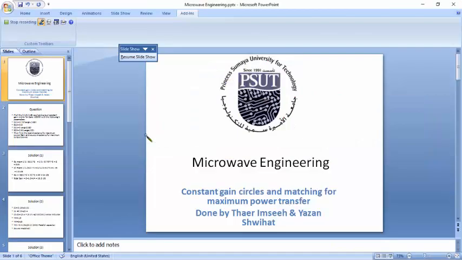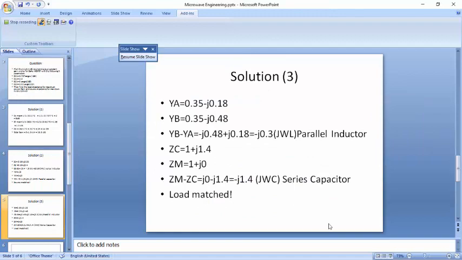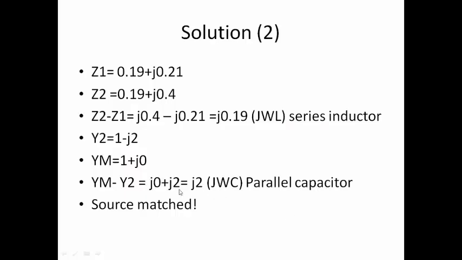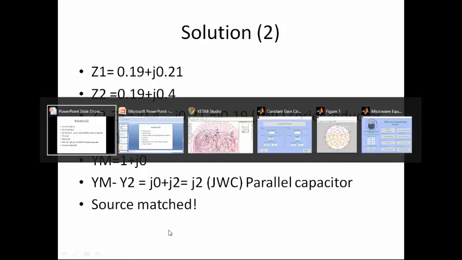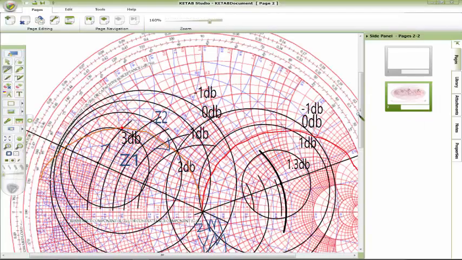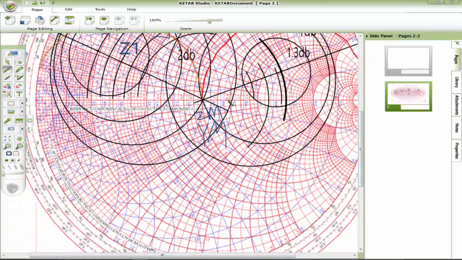Okay, I'm sorry, make it here. So we have ym equal 1 plus j0. 1 minus j0 is the point which will be matched here.